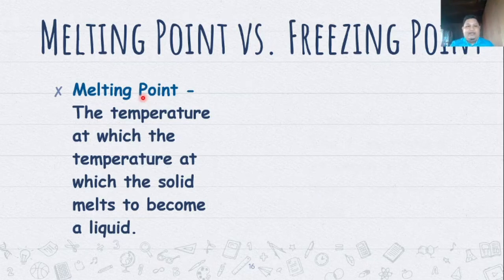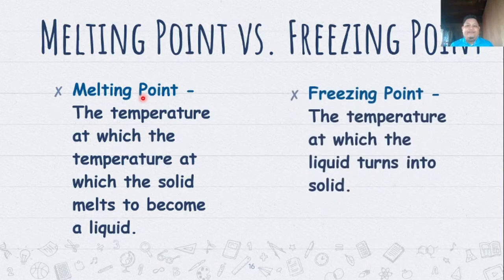And freezing point is the opposite of the melting point, in a way that it turns the liquid into solid. Those are two different terms. Each has a particular temperature at which the matter changes state. When we say freezing point, it is the temperature at which the liquid turns into a solid.